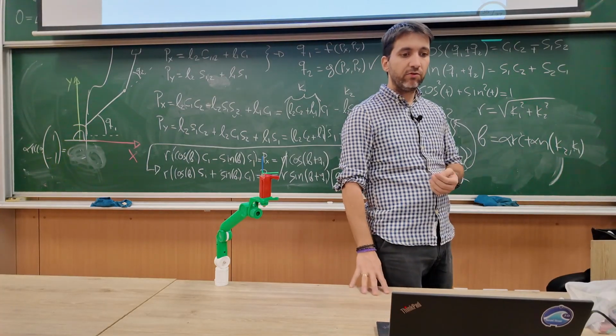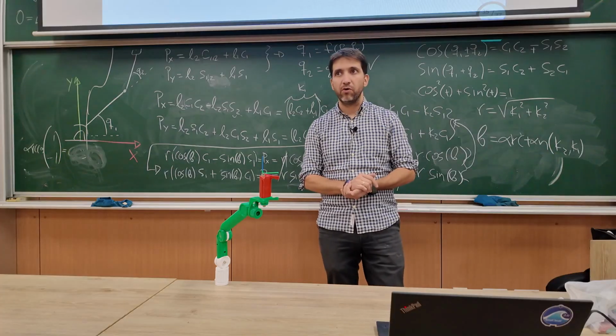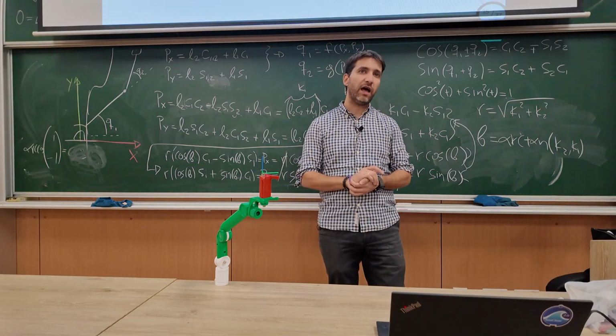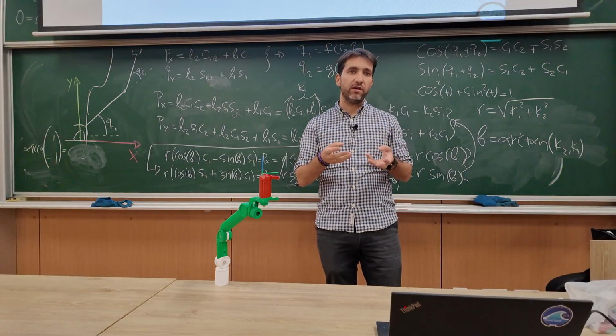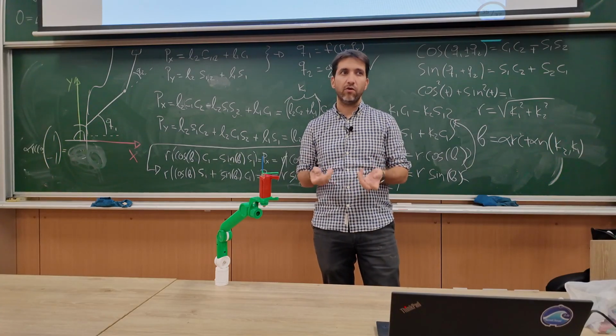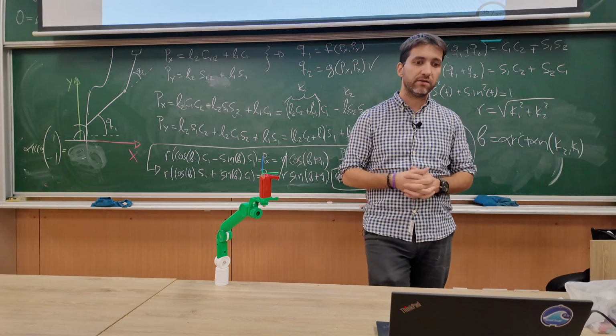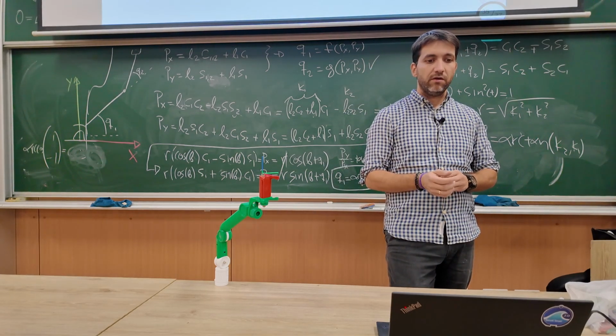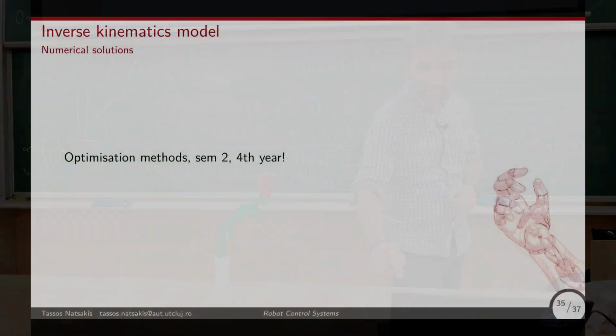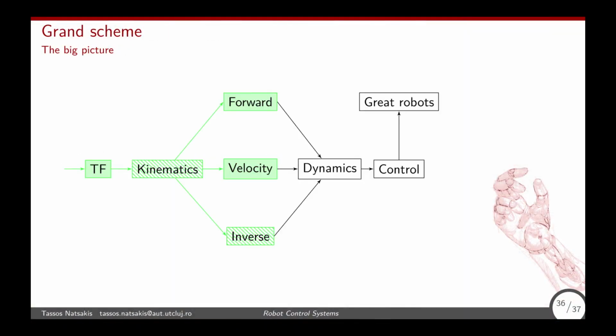As I said, for the numerical solutions, you learn a little bit more in the lab, just how we actually use them, but how we solve it at a low level, you will learn next semester in optimization methods. So we completed the discussion on inverse kinematics, how we calculate it.